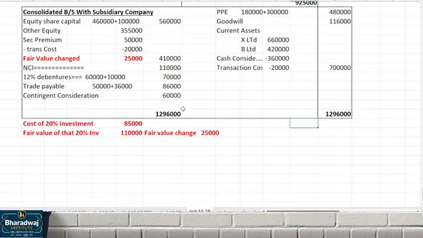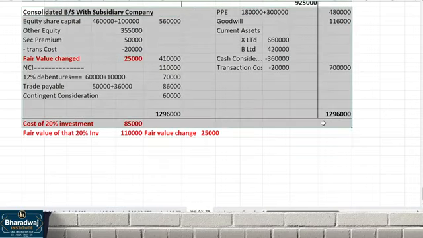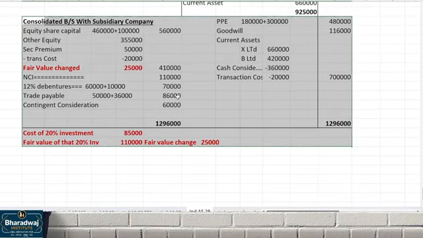Wait. This is the consolidated balance sheet with which company? Subsidiary company. Consolidated balance sheet with subsidiary company.